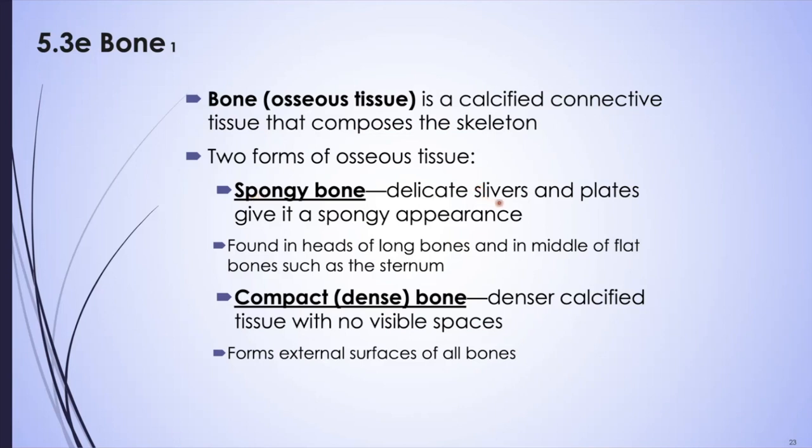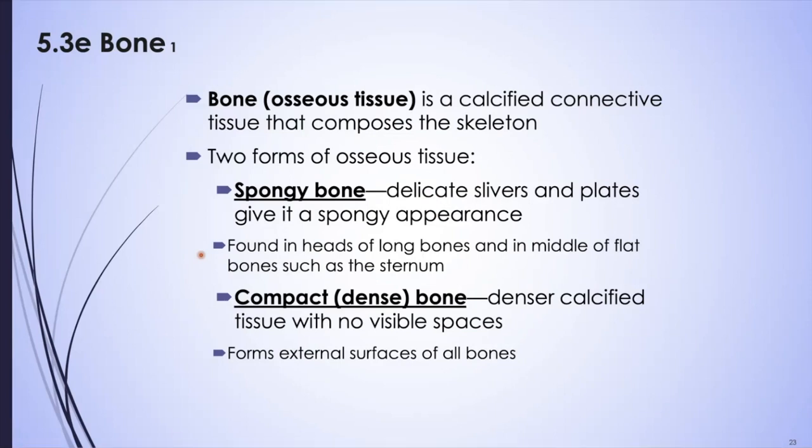It has these little slivers and plates that give it that appearance. It's found in the heads of the long bones and in the middle of flat bones, like the sternum. Spongy bone helps with absorption of impact, that way your bones don't just crack.